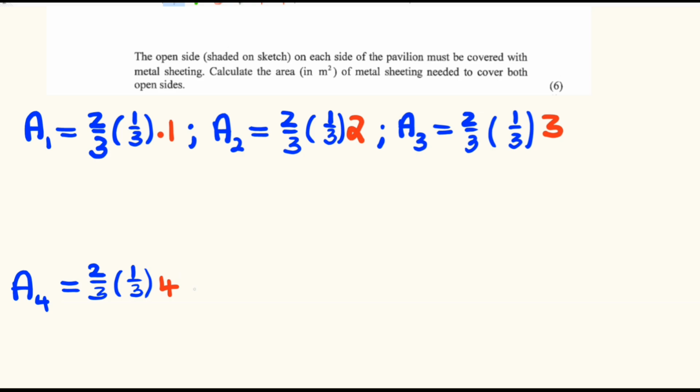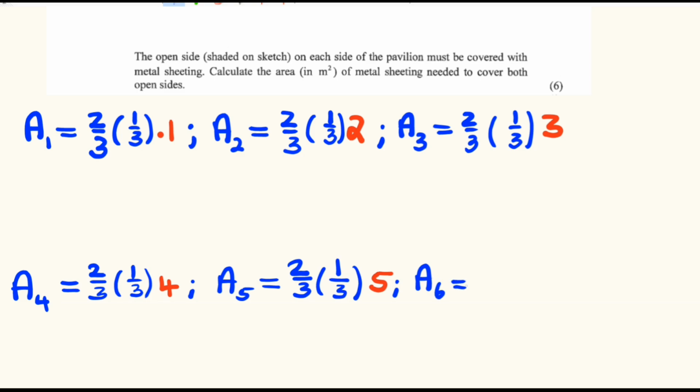And area number 5, we can guess that it will be equal to 2 divided by 3 multiplied by 1 over 3 multiplied by 5. And area number 6 will be equal to 2 divided by 3 multiplied also by 1 over 3, and we multiply this by 6.